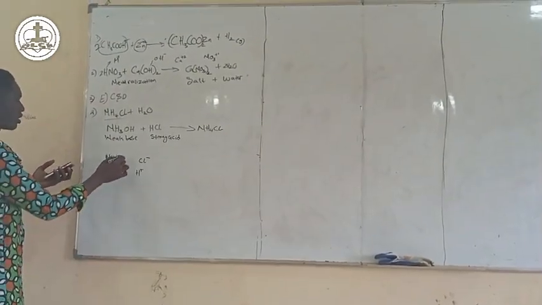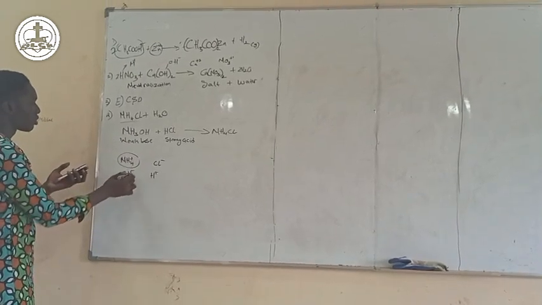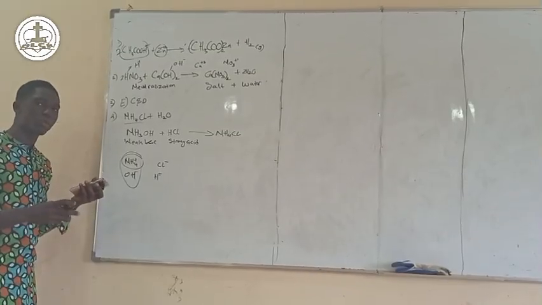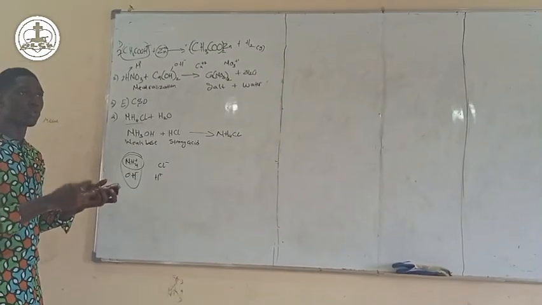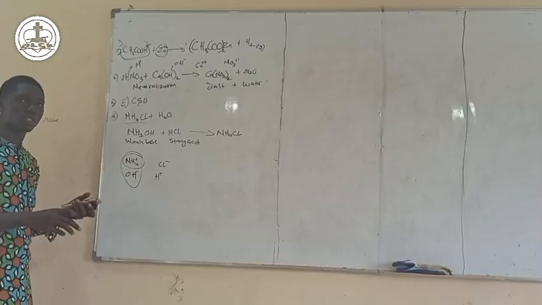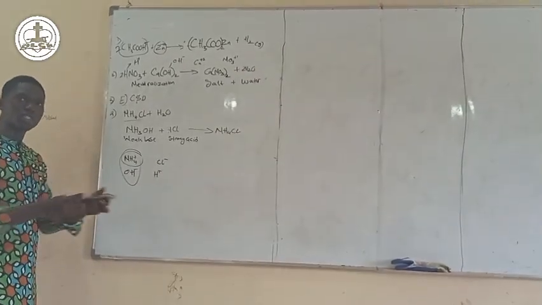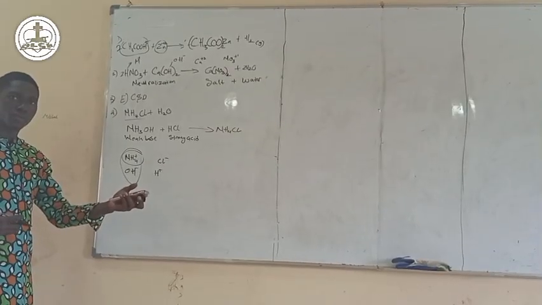Now because this is a weak base, it will combine with this OH, because weak bases or weak acids hardly dissociate, but strong acids or strong bases dissociate easily.